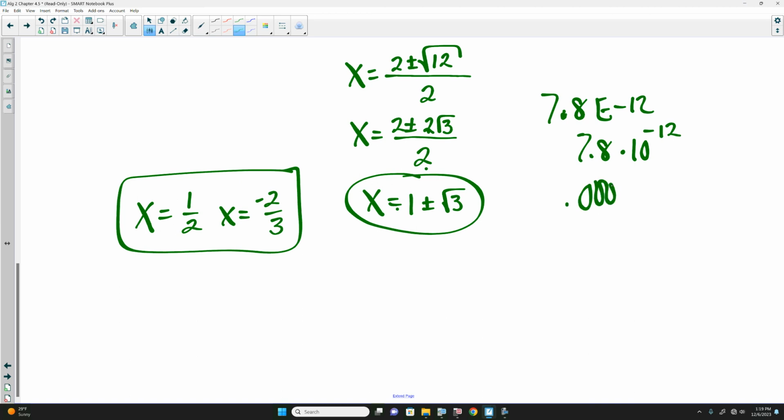That is a decimal with eleven zeros before the 7, which is essentially 0. So if you do type these in, especially with the radicals, you may see a number e to the negative 11 or e to the negative 12.